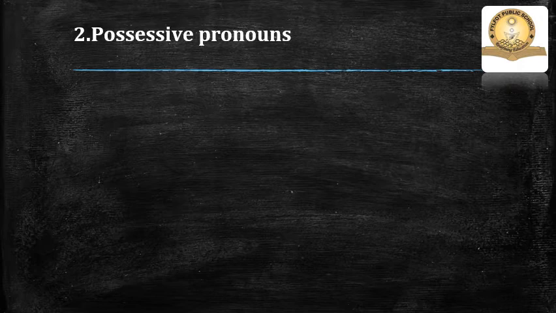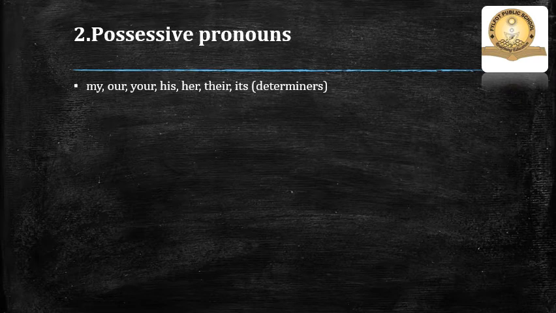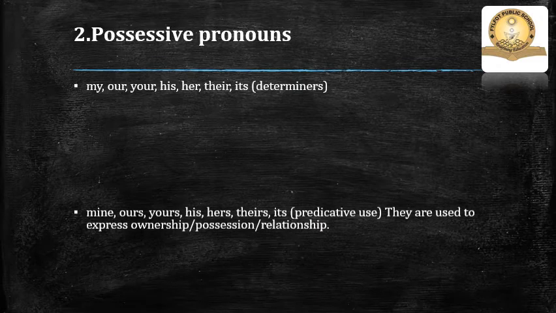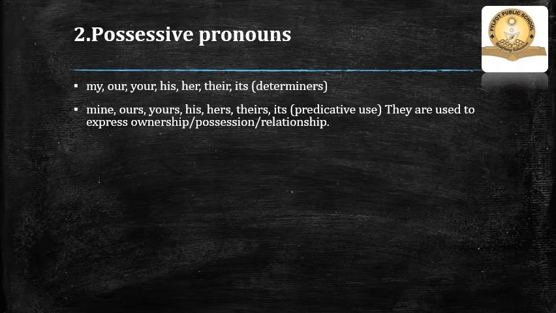Okay, so what are your different kinds of possessive pronouns? My, our, your, his, her, their, its. Mine, ours, yours, his, hers, theirs, its. So these all are your possessive pronouns, and they're used to express what? Ownership, possession, and relationship. For example, this is my room.